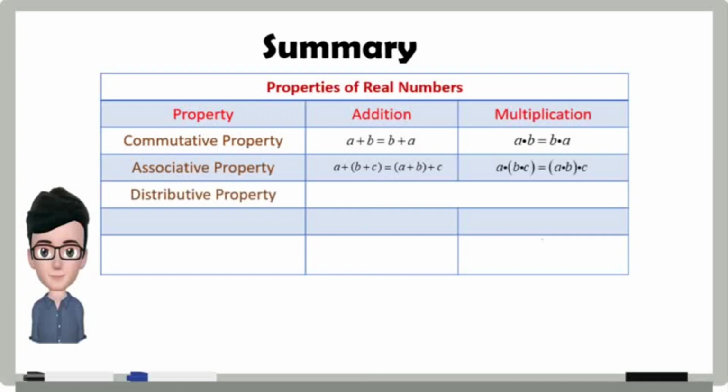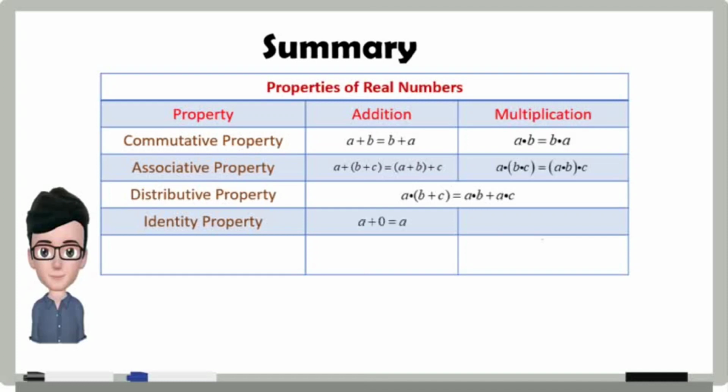Now, for distributive property, we can distribute a certain number if you are multiplying that number to the sum, or in symbols, para mas madali nyo maintindihan, A times the quantity B plus C, you can distribute A, so it can be AB or A times B plus AC or A times C.